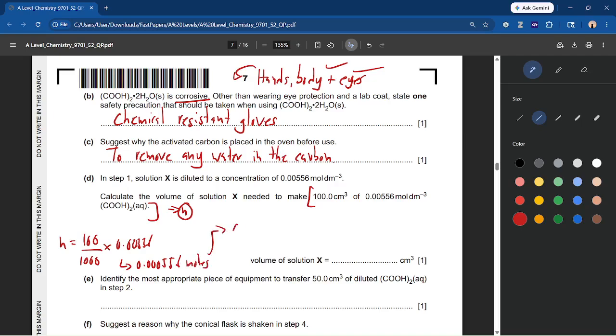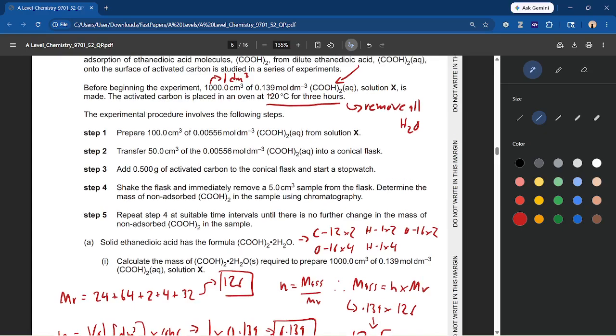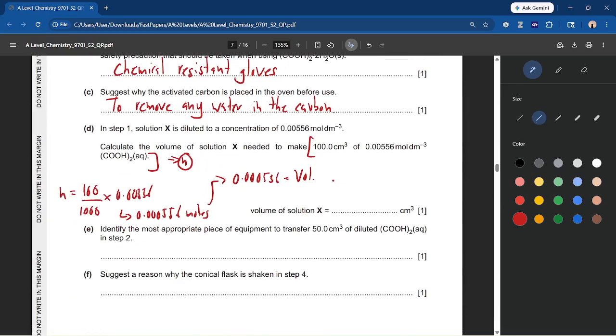So now 0.000556 is equal to volume into 0.139, because remember that solution X has a concentration of 0.139. You divide by 1,000 because our final calculation is in cm cube. So volume is equal to, if you do the math, a nice clean 4 centimeter cube.